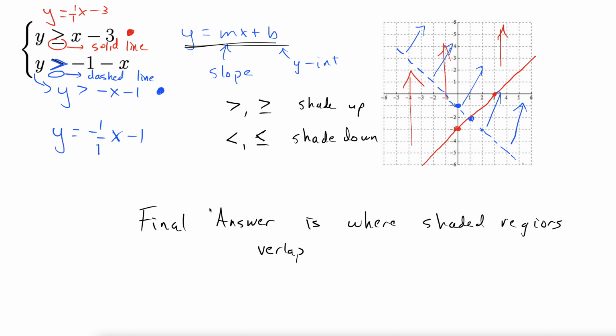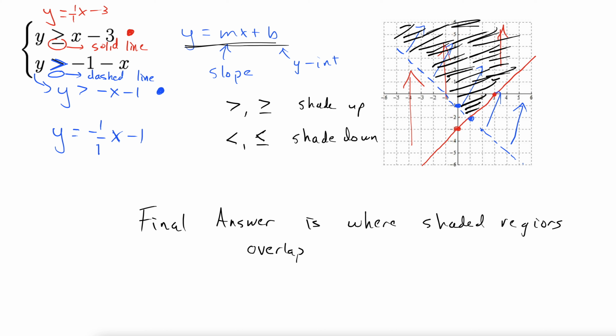So we have the red stuff going up, we have the blue stuff going up, but where they overlap is just in this region in the middle here. So I'm going to fill that in with black to show that that is indeed my final answer.